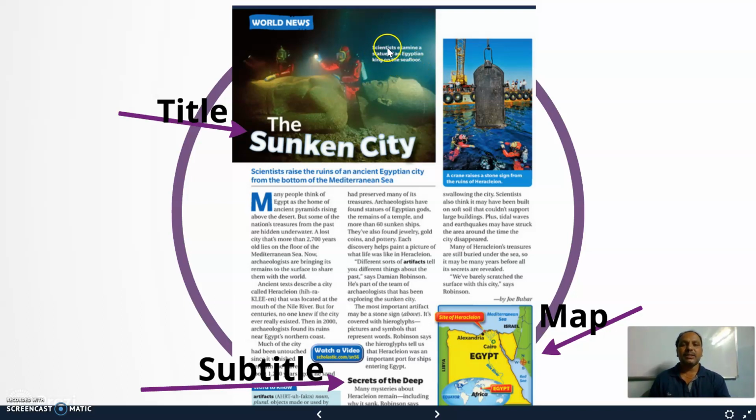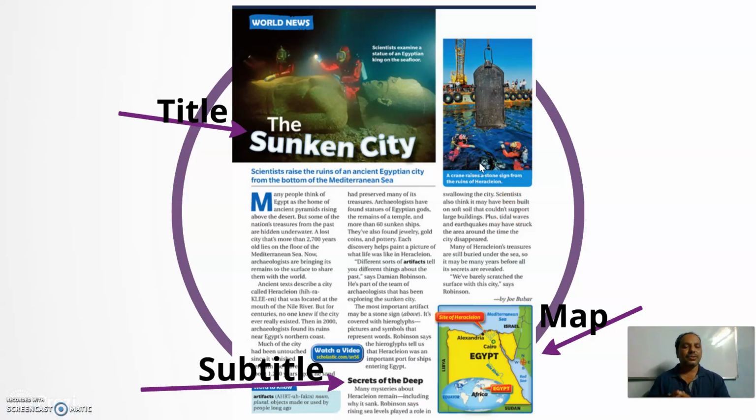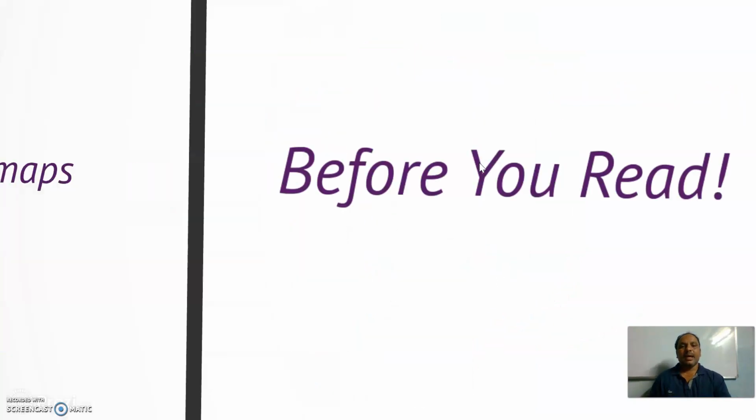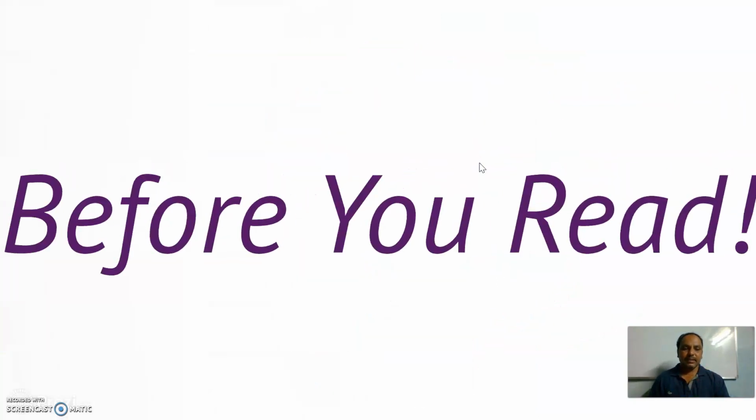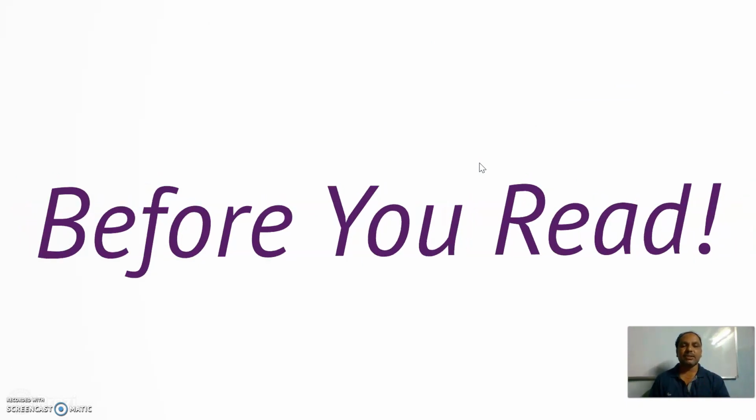If you look at this sentence, you will understand what the text is going to be about. And here a map is also given, and if you read this map also, you will gain an understanding. Similarly, a picture along with some sentences is given, and all these things will help you in understanding the main meaning of the text. This is the first step, that is surveying. Usually this surveying is done before you begin to read.